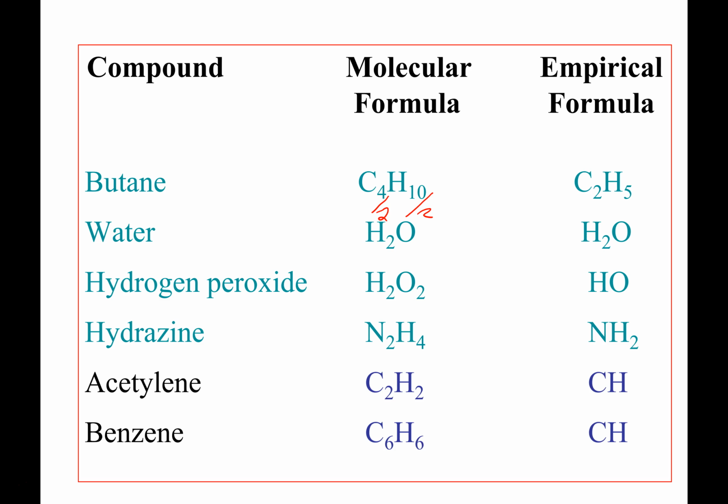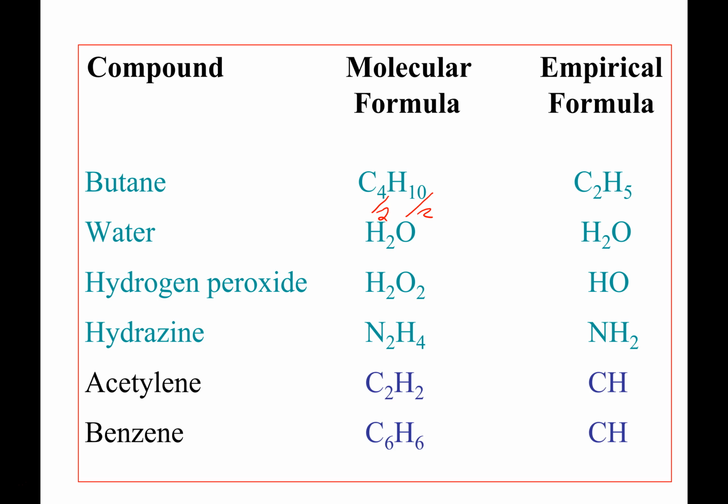I'm not sure when we'll get to it in Unit 2, but there's a type of analysis called combustion analysis. In it, you can take a hydrocarbon and burn it, and the products will just be water and CO2. You pick up those masses, and then you backtrack from those masses to get the empirical formulas.